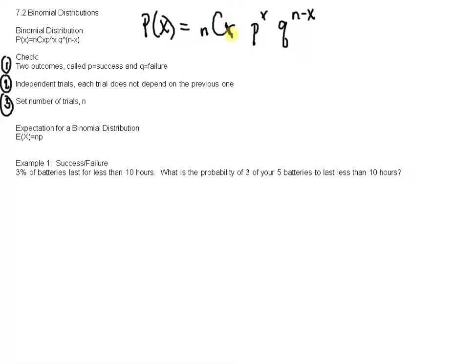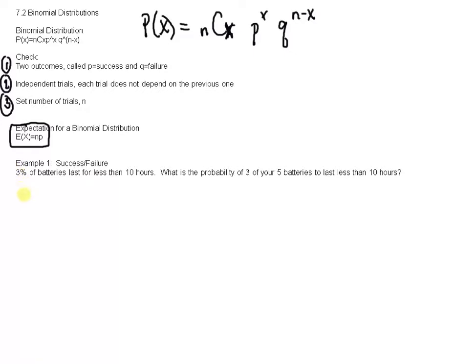I'm sorry, this is x. That will make more sense when we start doing questions, because you'll see the pattern it holds. Just to add to that, the expectation for binomial distribution is the expected value equals np.